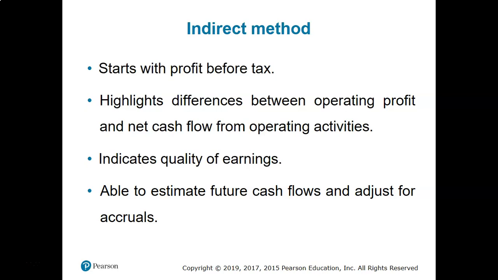Depreciation, as we say, is the apportionment of the use of the fixed assets. These are non-cash transactions, because if we show depreciation in the books of account, your profit is decreased, but depreciation is not a cash transaction.